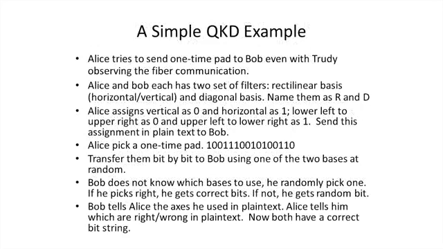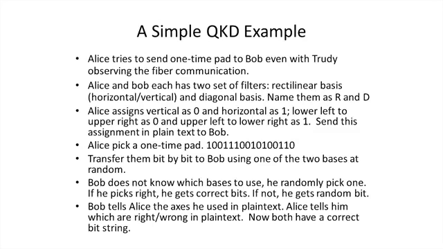Here, Alice tries to send a one-time pad to Bob, even though they recognize hacker Trudy may be observing the fiber channel in the fiber connections. Alice and Bob each have two sets of filters: the rectilinear basis, which means horizontal and vertical, and the diagonal basis filter.